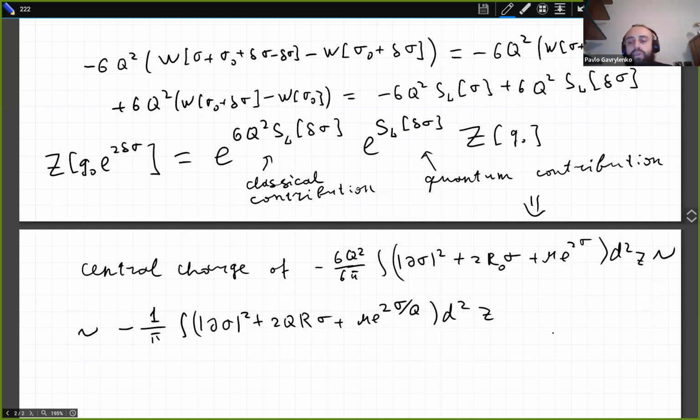The central charge of this theory is 1 plus 6q squared.